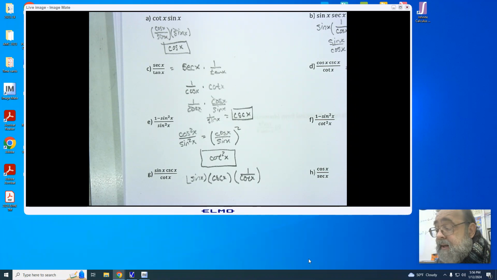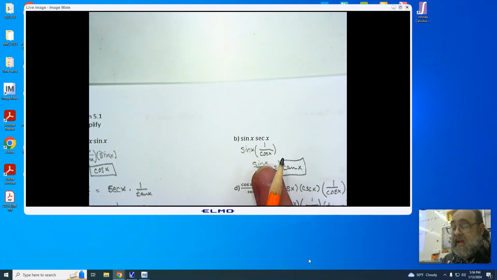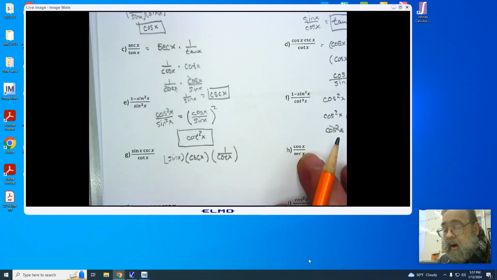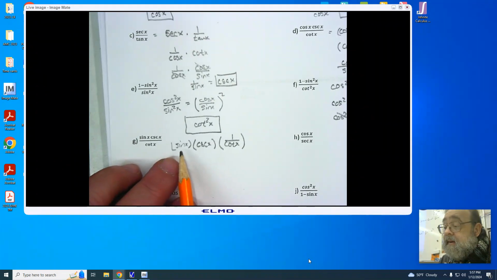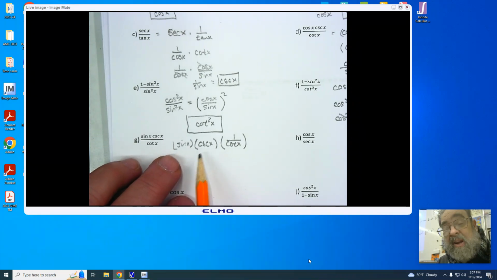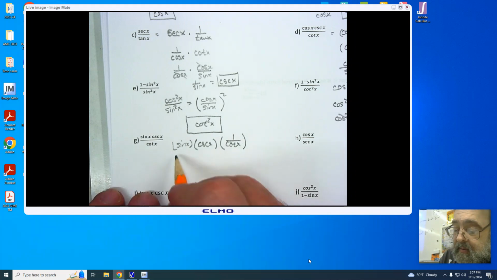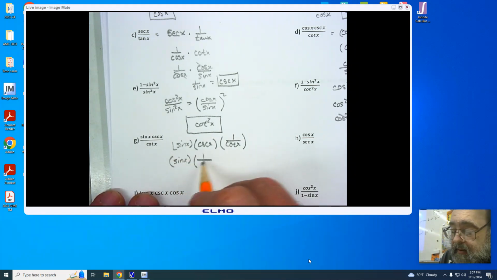Now, we've already seen certain things like the sine times the secant of x, which simply gave me sine times 1 over cosine. Here, we're going to expect that this sine of x times the cosecant of x should actually cancel and be 1, since this piece is 1 over sine x.